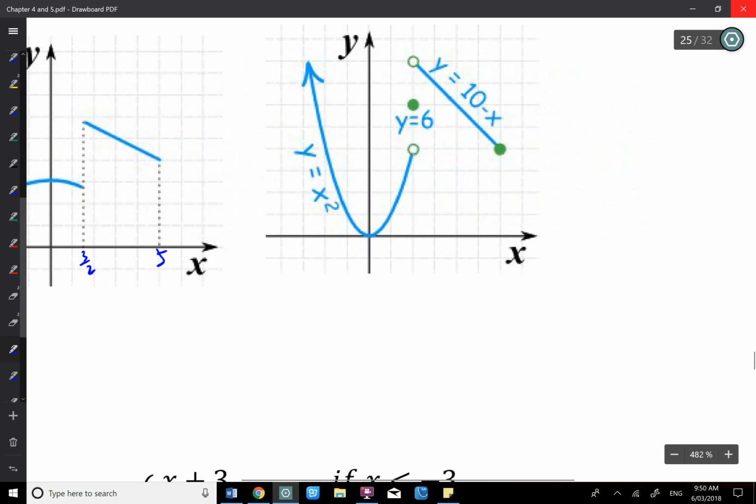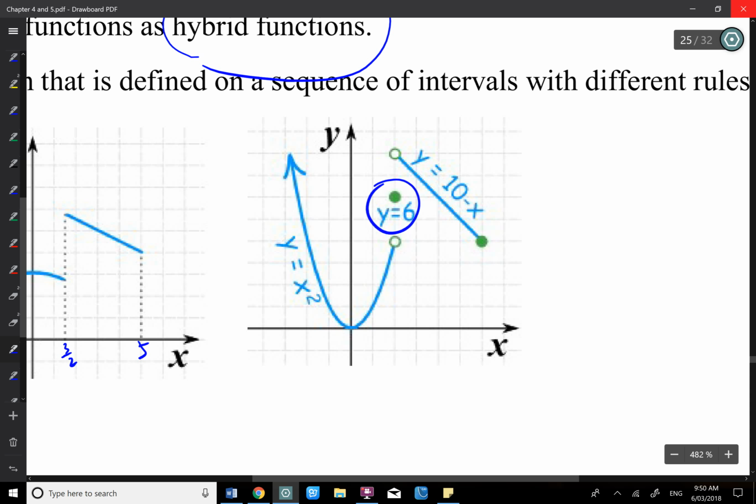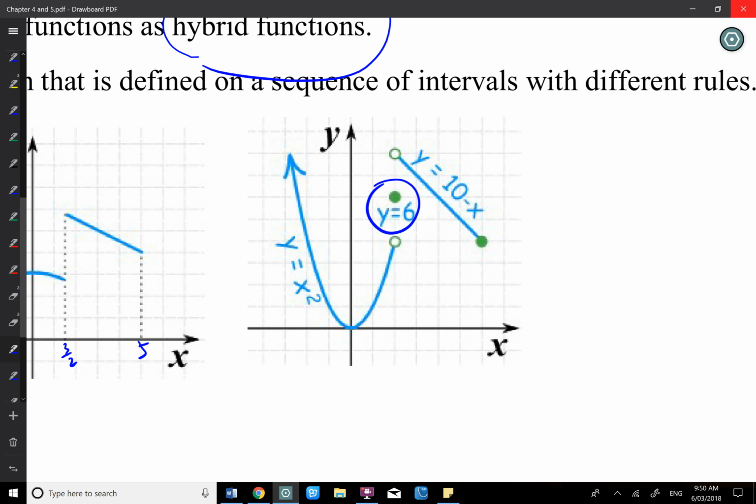And we can also see here, how many functions can you see here? 2 or 3? 3. There's a point here. That's one function as well. Even though there's only one point, we use that function y equals 6, but it's still one function.